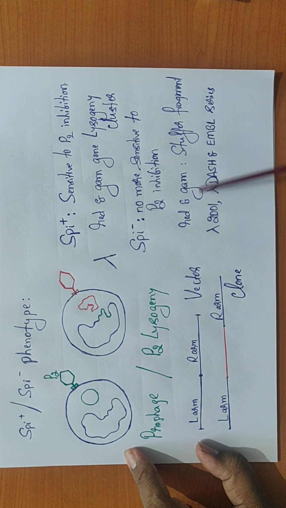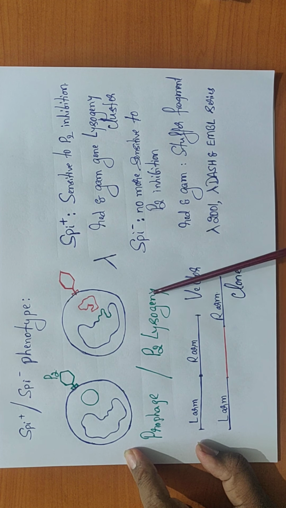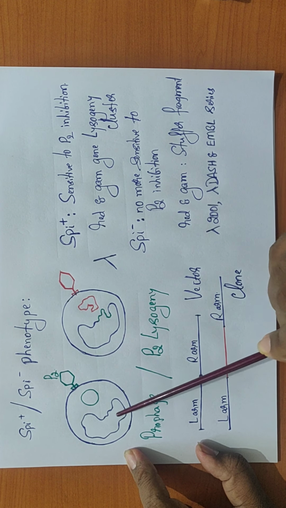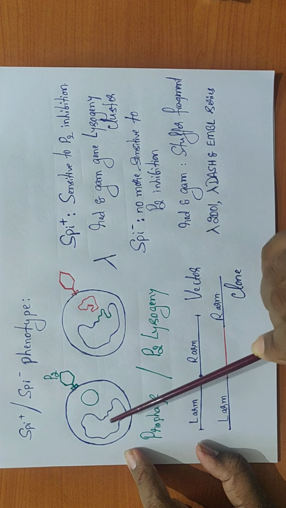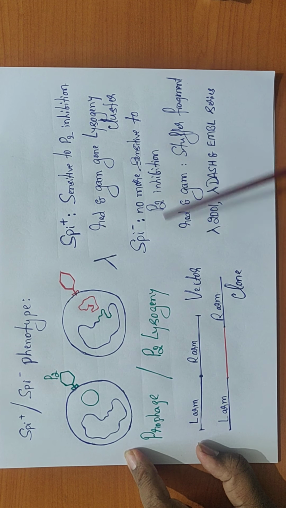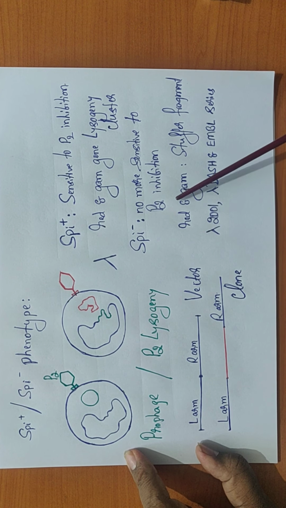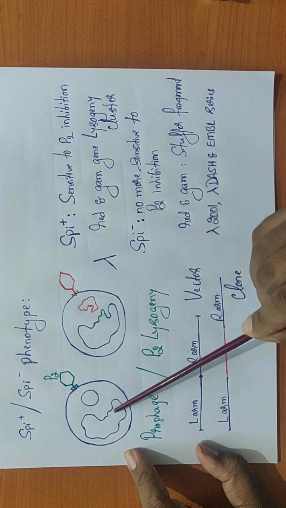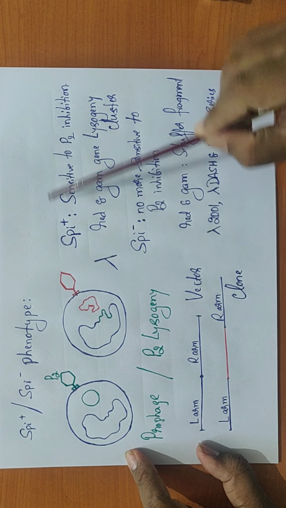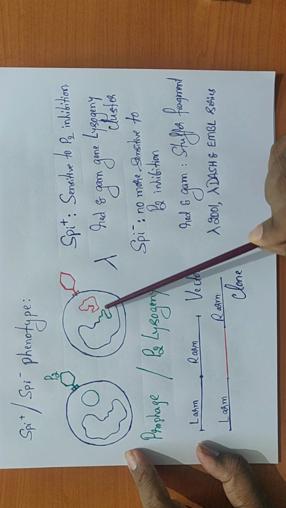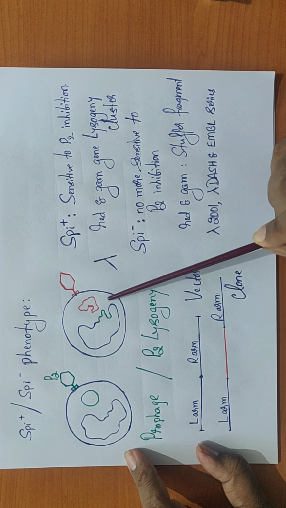This has to be done only in the P2 lysogeny or prophage phase, not in a regular E. coli. In a regular E. coli, using this strategy, it is difficult to identify the whole process, whereas it can be easily done using the P2 lysogeny host.